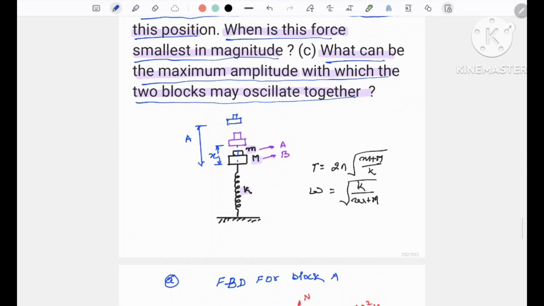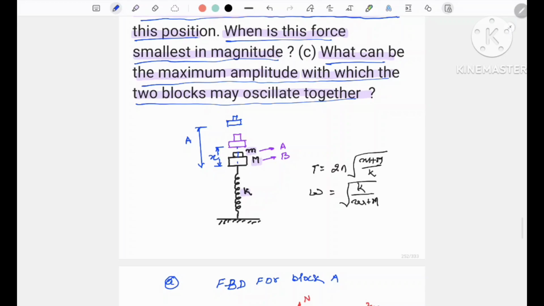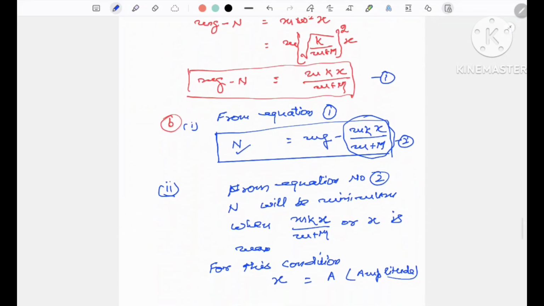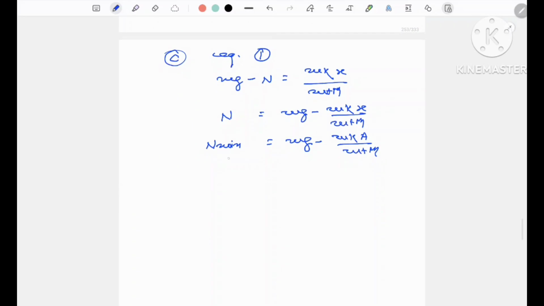For the maximum value of amplitude with which the two blocks may oscillate, for maximum A, N minimum must be 0.